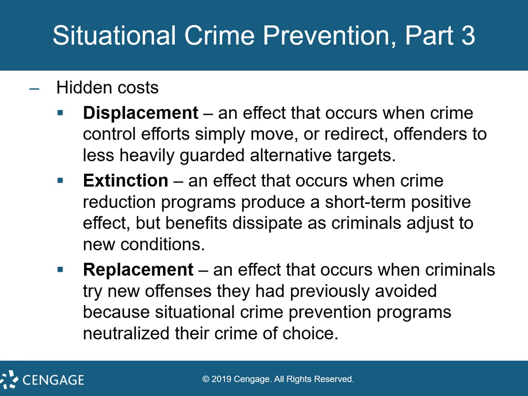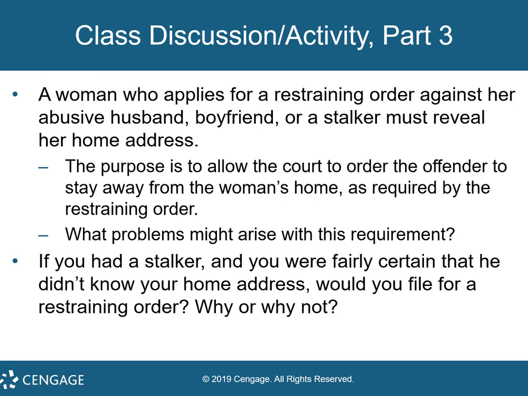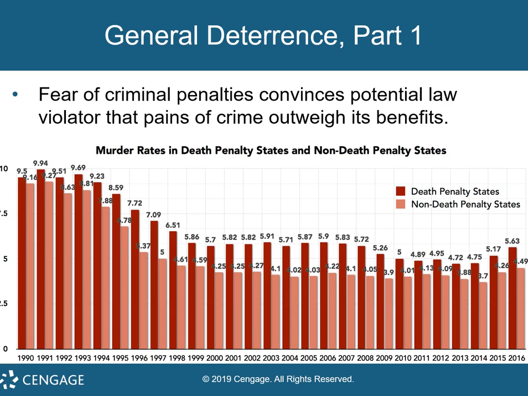And then replacement, an effect that occurs when criminals try new offenses they had previously avoided because situational crime prevention programs neutralized their actual crime of choice. So a couple of different benefits, and you can see both benefits and not good things that happen out of that.